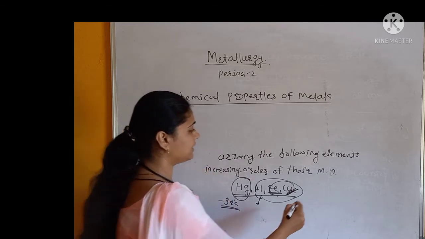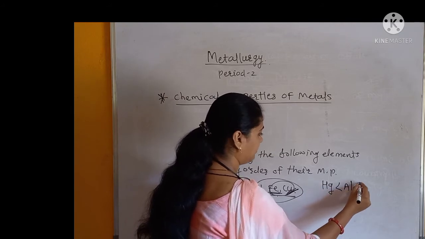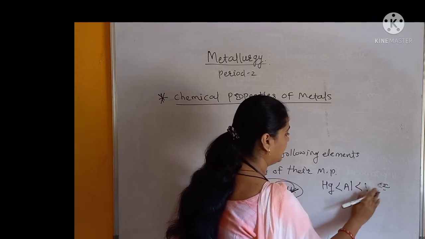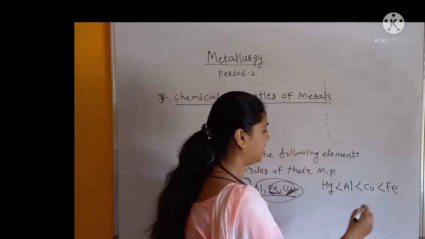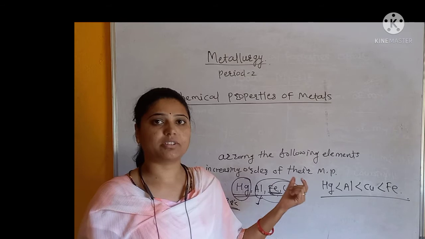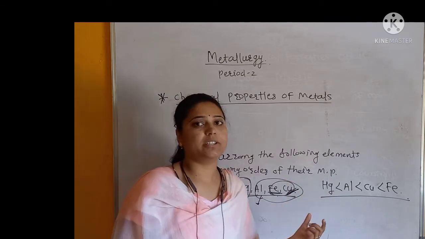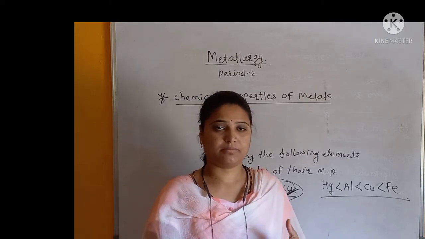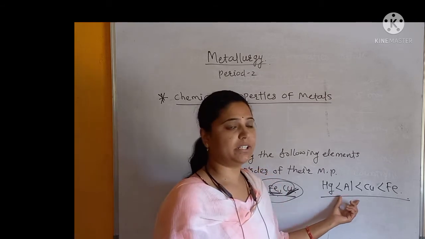So our correct option is mercury, then aluminium, then copper, and then iron. Mercury has the lowest melting point because it is found in nature in a liquid state. Aluminium is a soft metal used for coating ice cream and chocolates, so it has a low melting point.